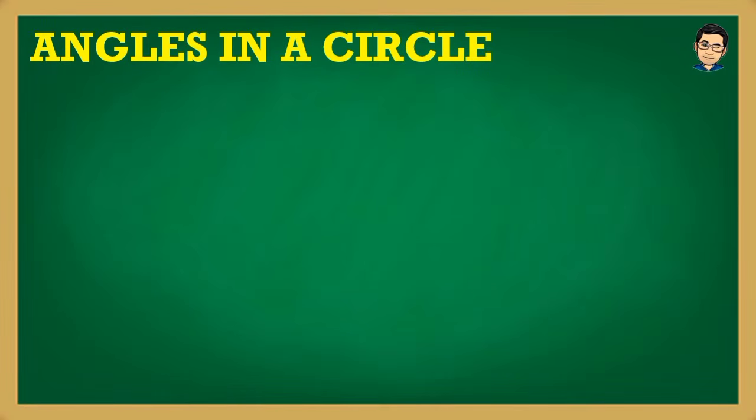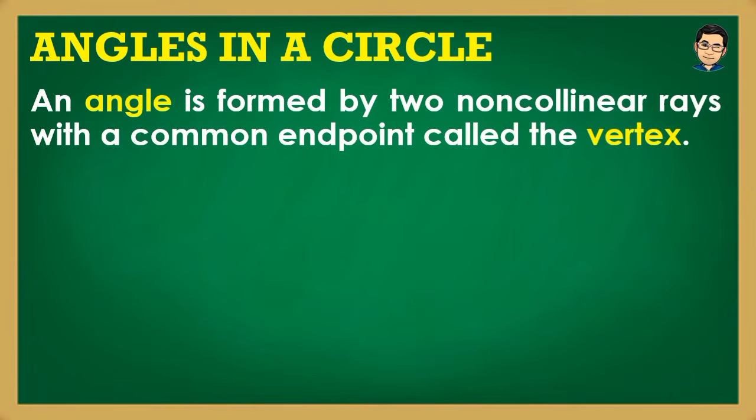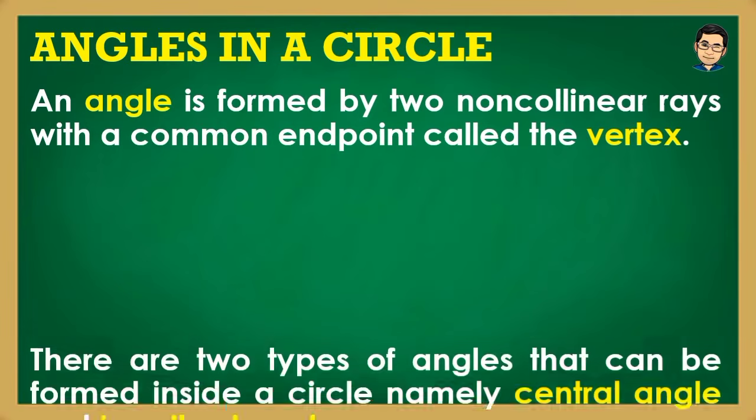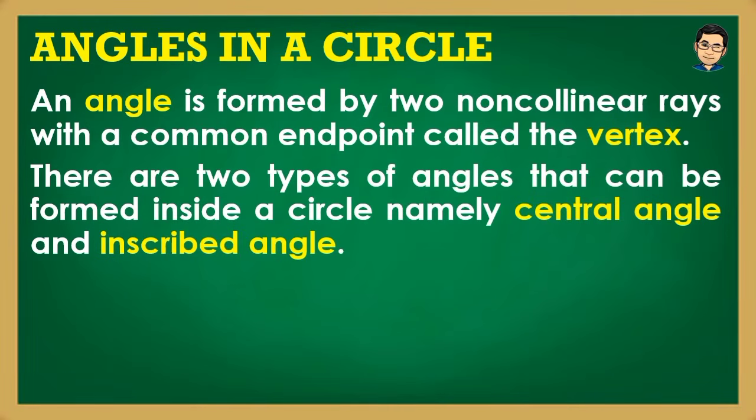Next, kung meron tayong arcs, we also have angles formed inside the circle. So, let us first define an angle. An angle is formed by two non-collinear rays with a common endpoint called the vertex. There are two types of angles that can be formed inside the circle, namely central angle and inscribed angle.